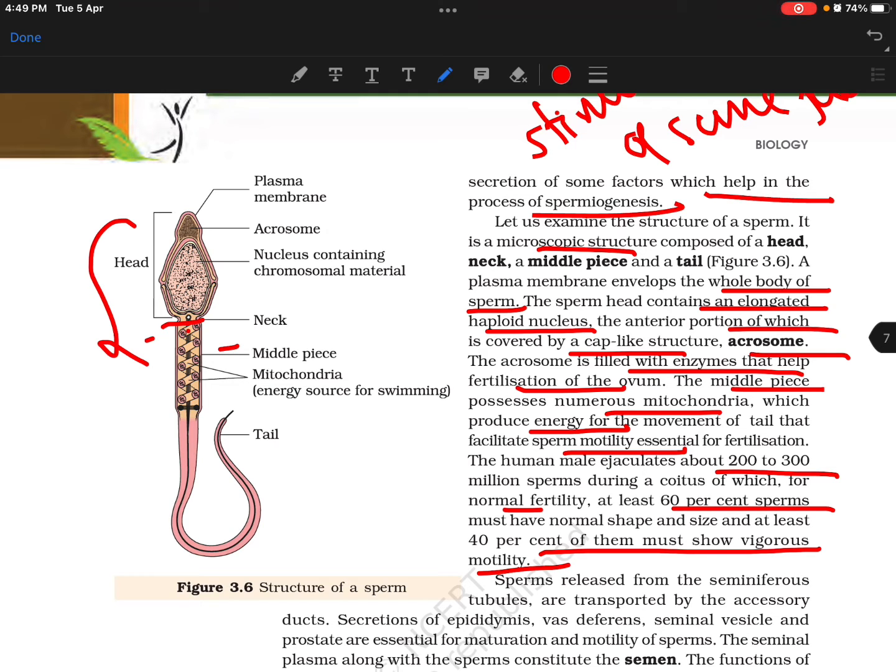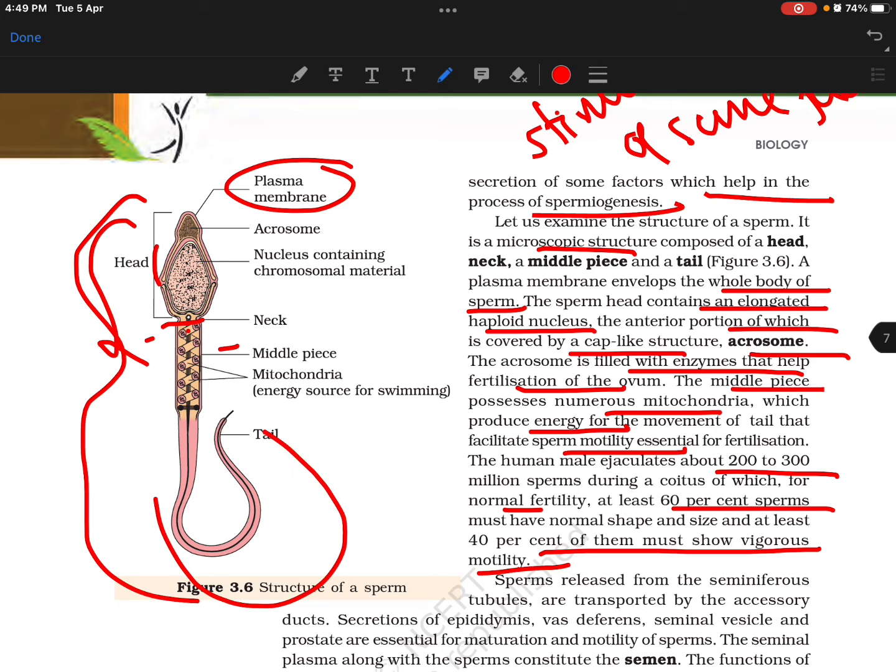Look at this. This is the structure of a sperm. Here is the neck, and here is the middle piece, and here are a lot of mitochondria which provide the energy for the vigorous movement of the sperm. There is a plasma membrane which covers the whole body of the sperm, and the acrosome which contains some enzymes which help during fertilization, and the nucleus contains chromosome material.